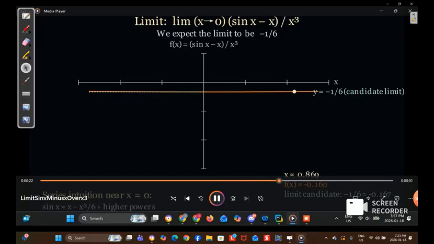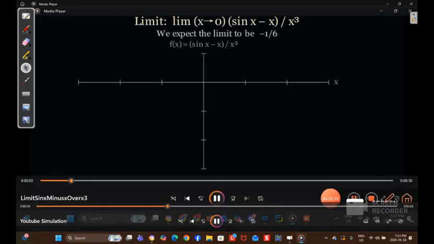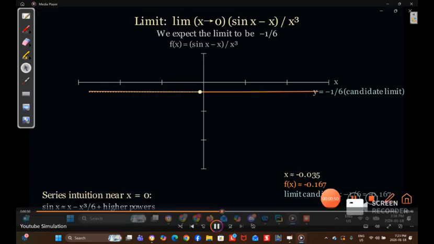By the way, that's telling us that we may have to substitute some sort of series into our function, the sine x part. And what we should expect is our final result to be -1/6, the candidate limit that's called here.